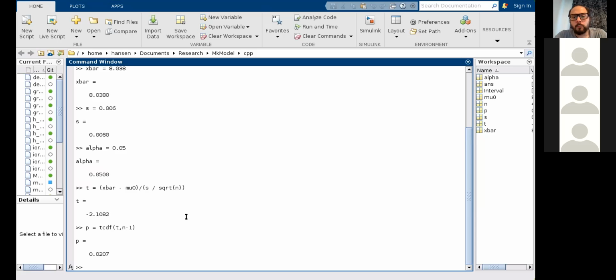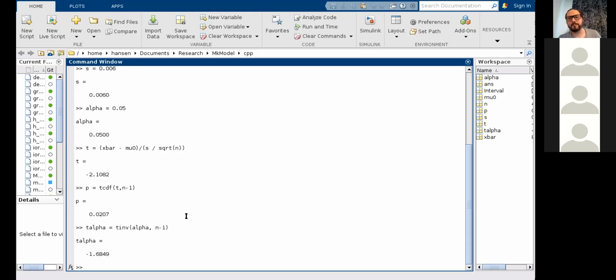An alternative way would be to calculate the T alpha, the T-inv of alpha and n minus 1, and we'd get minus 1.26849, and this would mean that because the t value is below this T alpha, then we reject the null hypothesis.